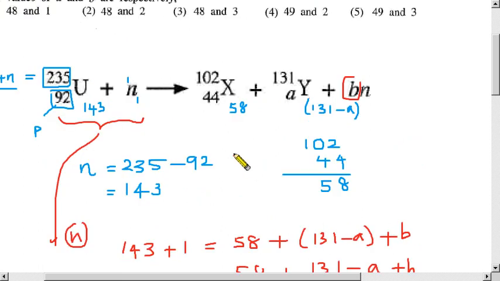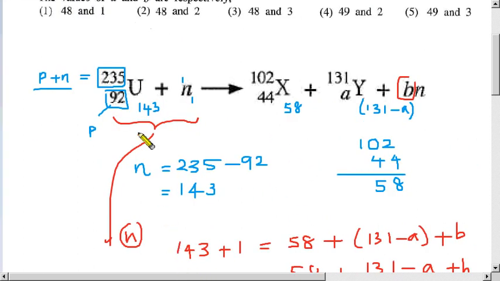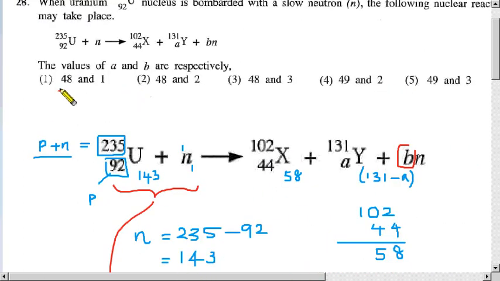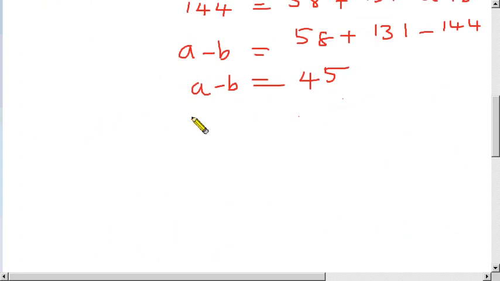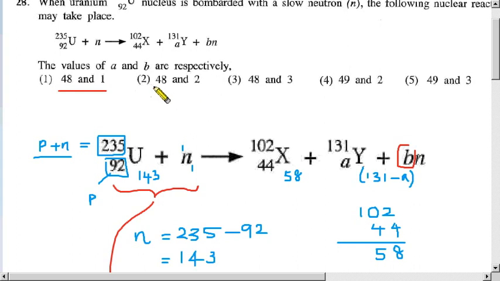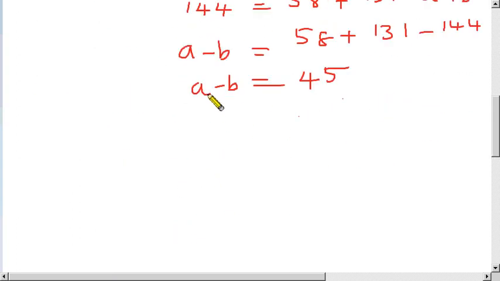So one by one you have to substitute these answers. They say 48 and 1. A is 48, b is 1. So 48 minus 1 gives 47, not 45. That is wrong. Therefore the first one is wrong. Then the second one, 48 and 2. So here 48 minus 2 is 46, but what we need is 45.